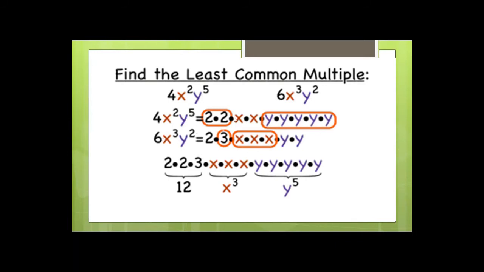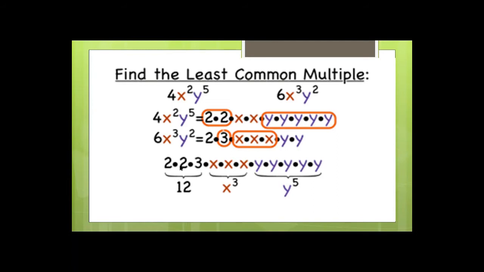This is the factorized form of term 1, that is 4x square y5, and the other is 6x cube y square. So instead of 6, write 2 times 3 is 6, x 3 times, and y square, y 2 times. Okay, now write the factors, that is 2, 2, 3, and x 3 times and y 5 times.